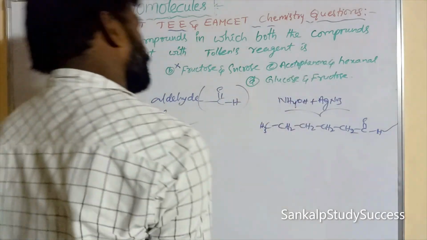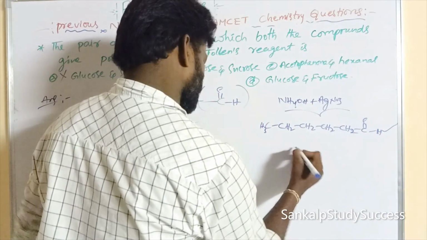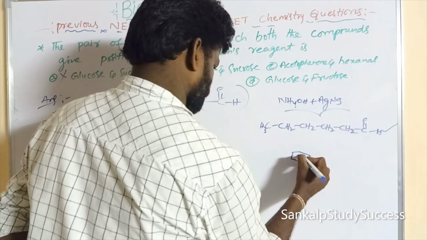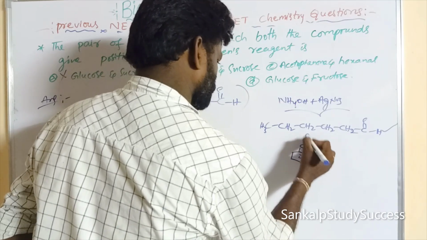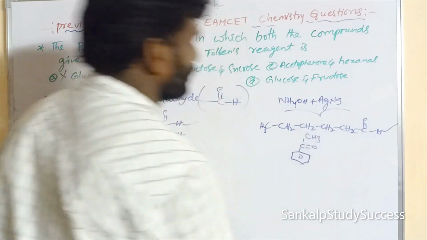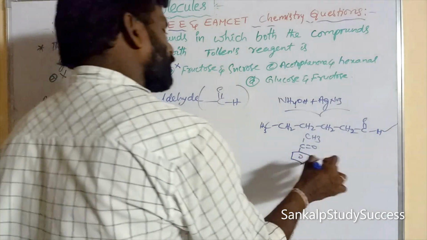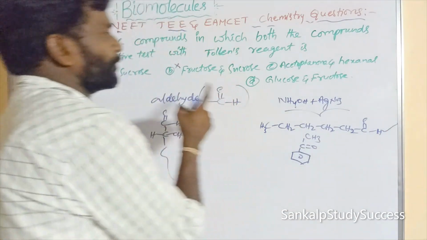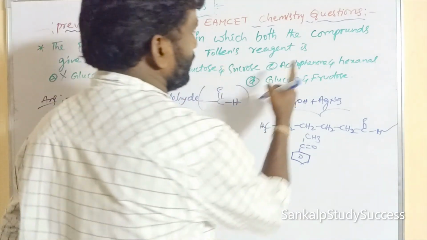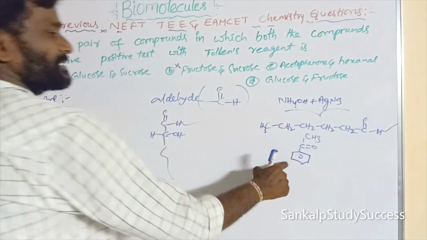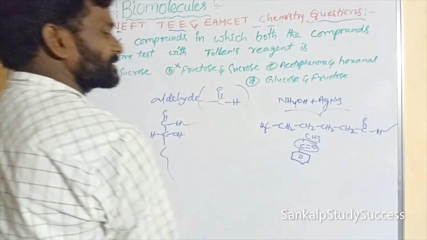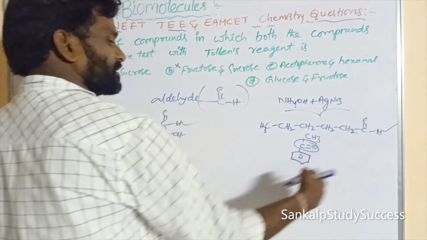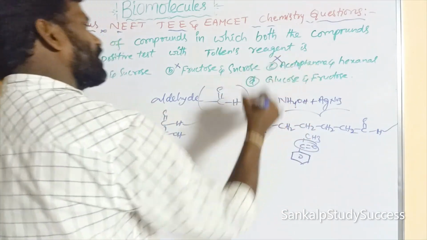But acetophenone is a ketone functional group. If the compound contains an aldehyde functional group only, that gives the Tollens test. But it contains a ketone functional group, so it does not give the Tollens test. So this is also a wrong answer.